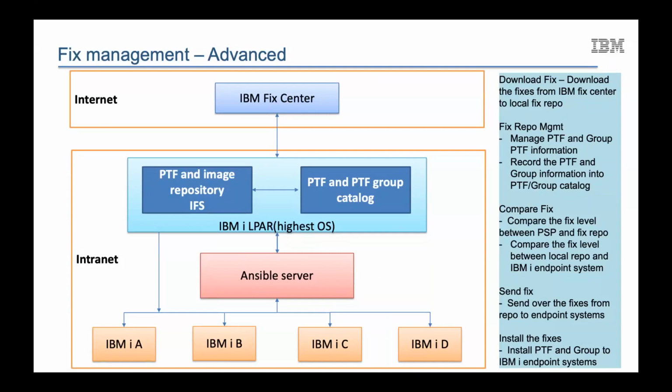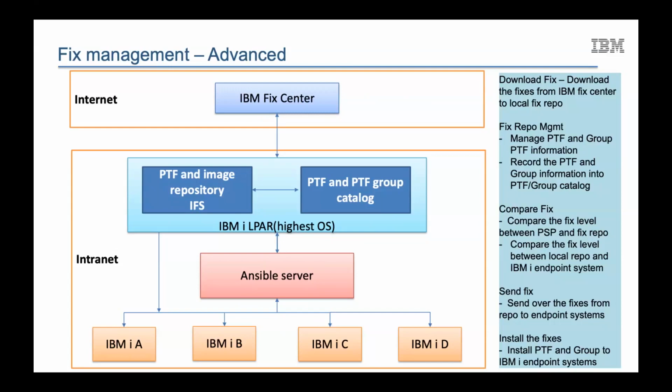The catalog stores fix information, for example, what PTFs and groups are in the repository, what PTFs are in a group, etc. Right now, this architecture needs to be on an IBM i system. So different playbooks and modules are provided to manage this repository.